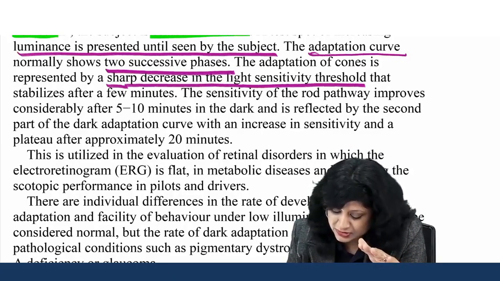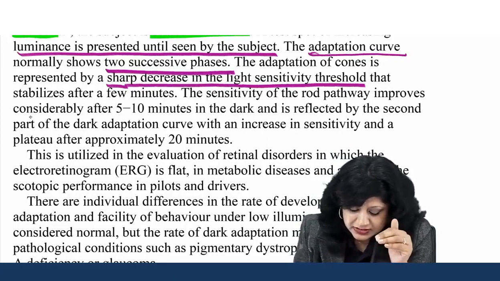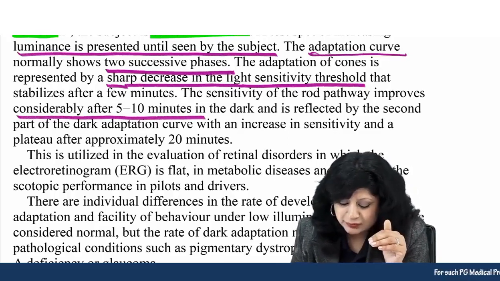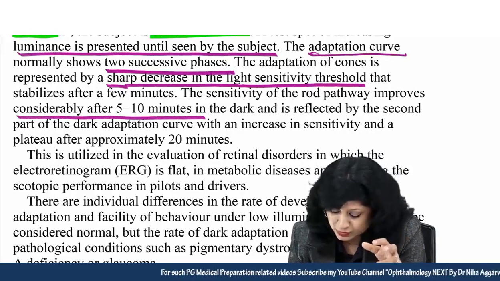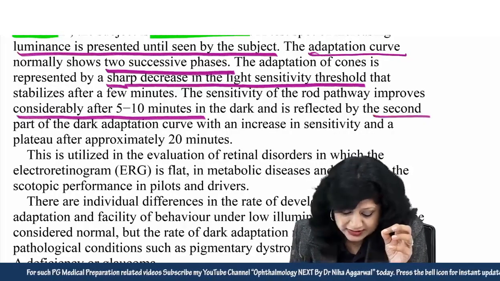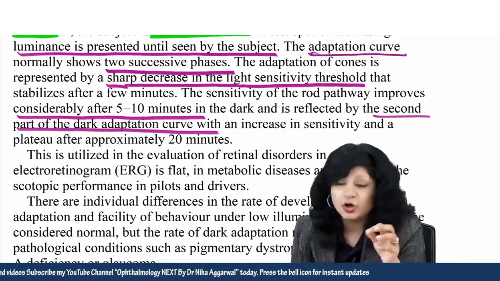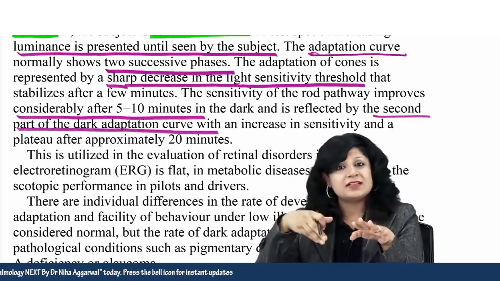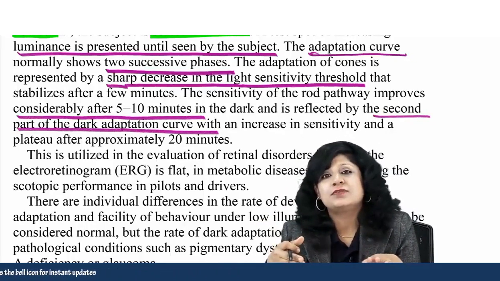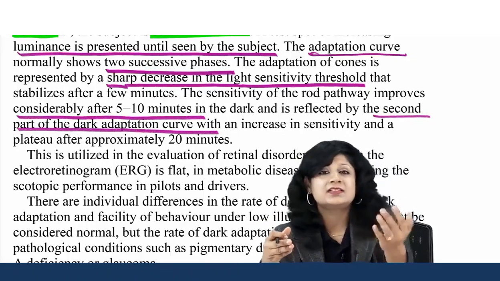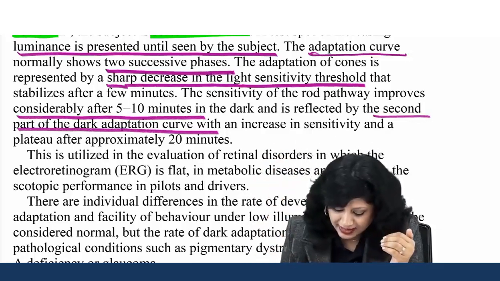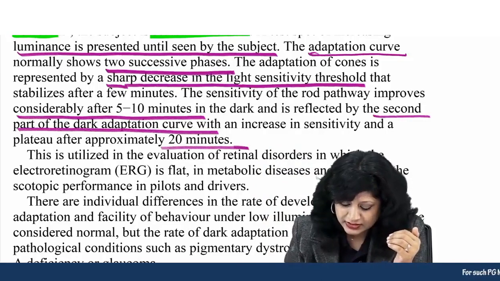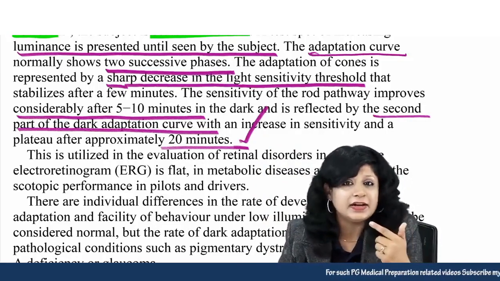The sensitivity of the rod pathway slowly and gradually improves after 5 to 10 minutes of exposure to the dark, and this will be the second part of the dark adaptation curve. So when I plot this curve as a function of time, I get 2 things: one is the decreased activity of the cones, and another is the increased activity of the rods, and the plateau is reached after around 20 minutes.